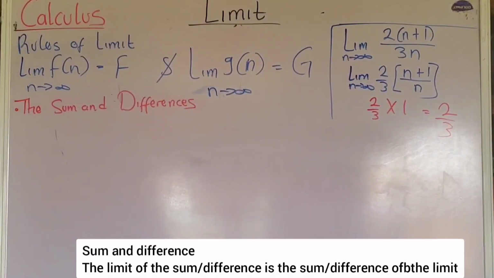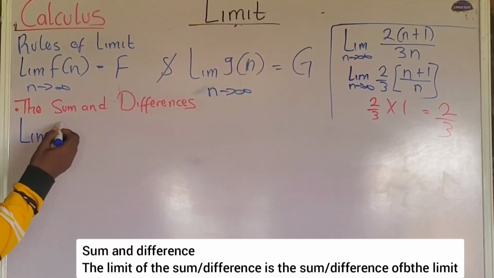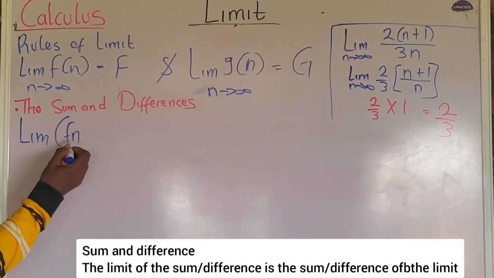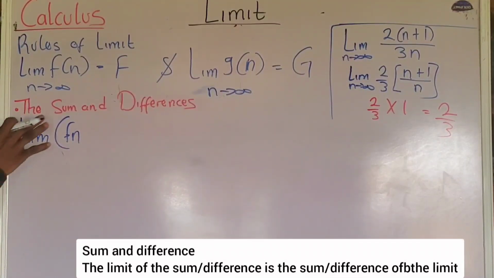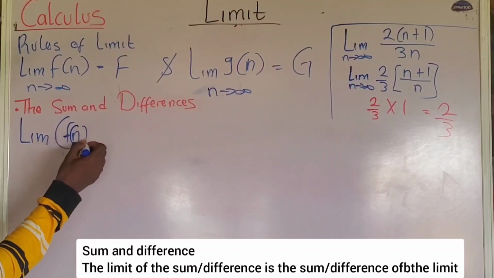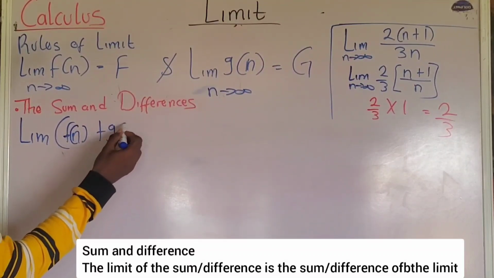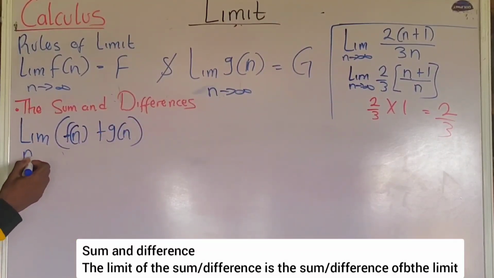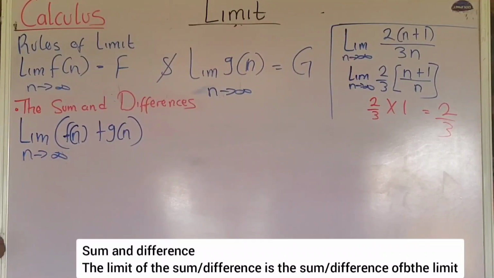Now according to this rule, I told you that the limit of a sum or differences is the sum or differences of the limits. Now let's say you have the limit of a function f of n plus g of n as n tends to infinity.